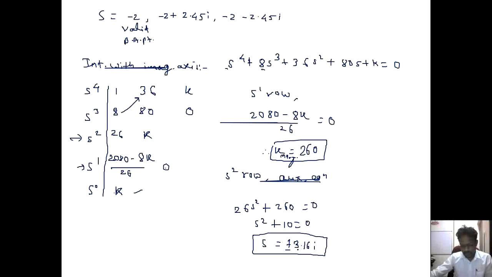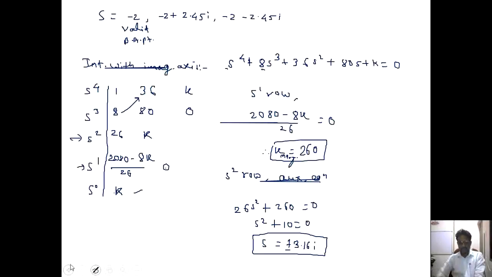Rather, this is a frequency of 3.16 radian per second. So the intersection of the root locus on the imaginary axis is at the points plus and minus 3.16i.